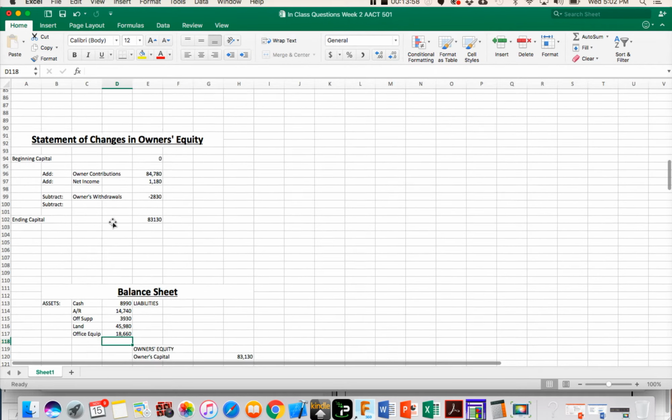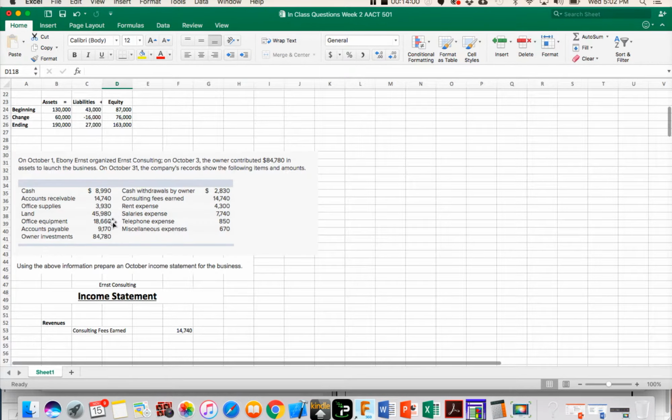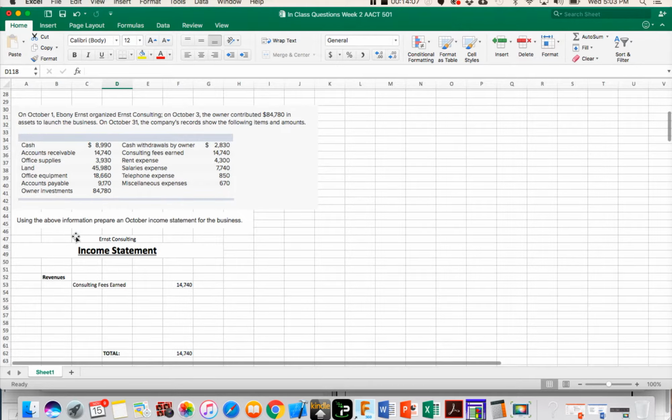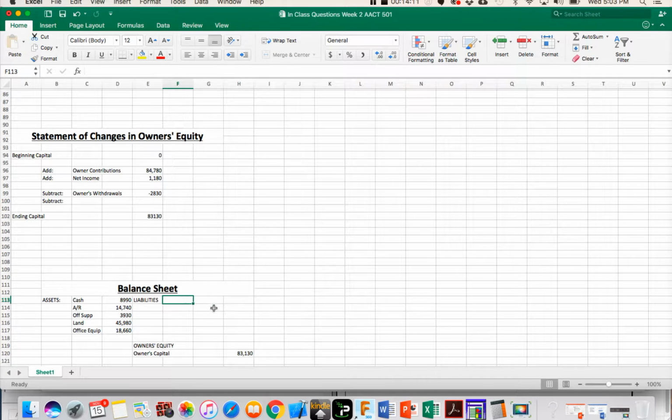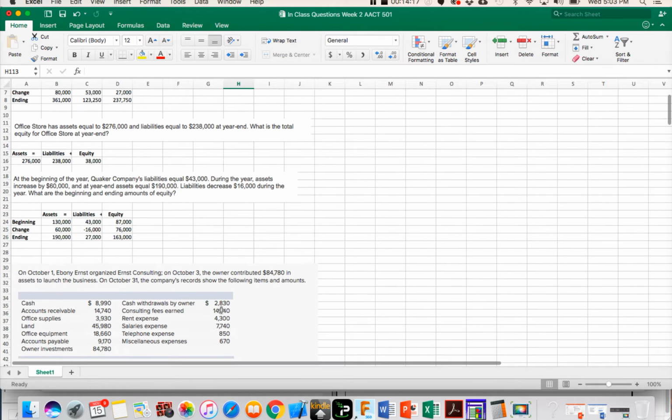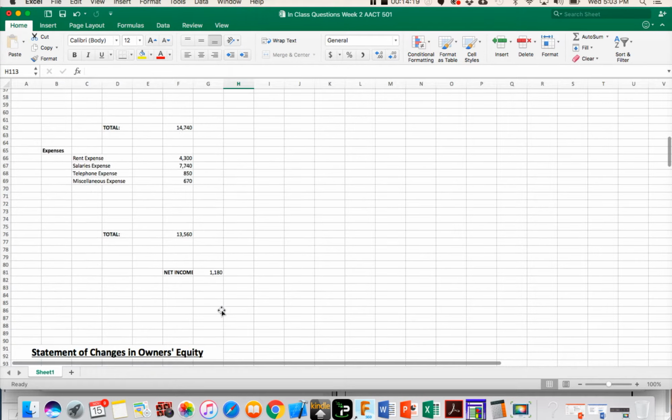Accounts payable, oh, sorry, that's the end of my assets. So now accounts payable would start and is actually the only account in my liabilities, so that's 9,170.